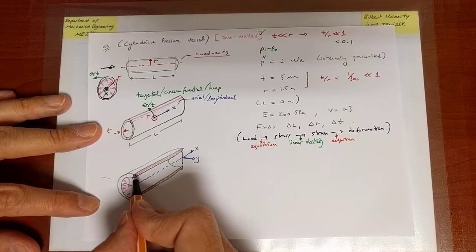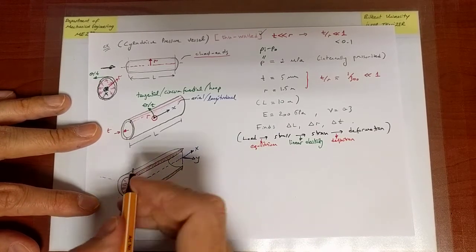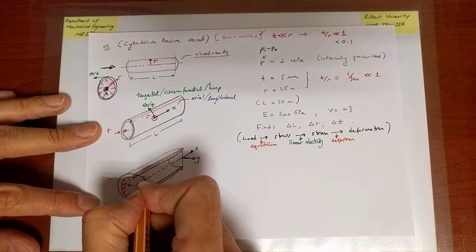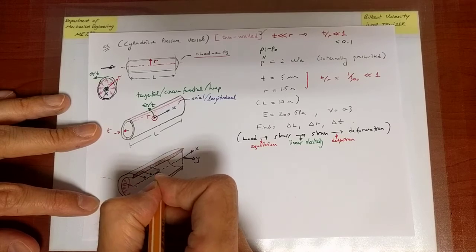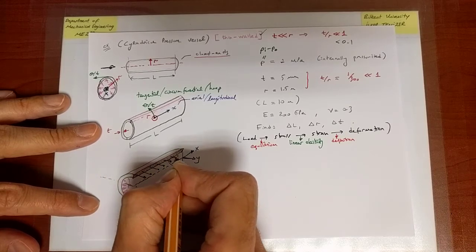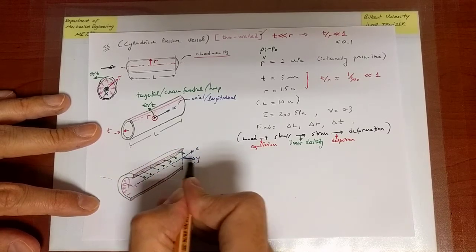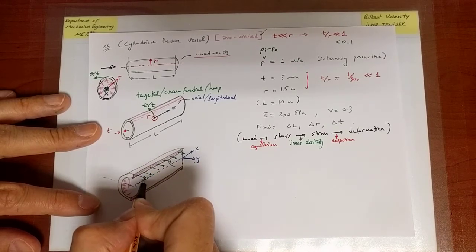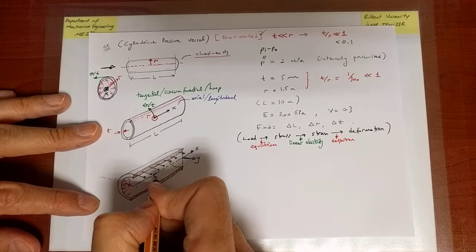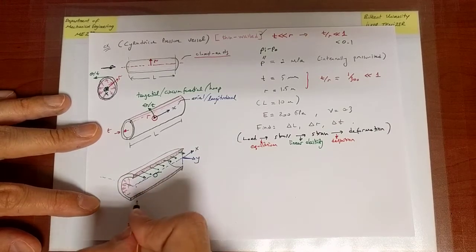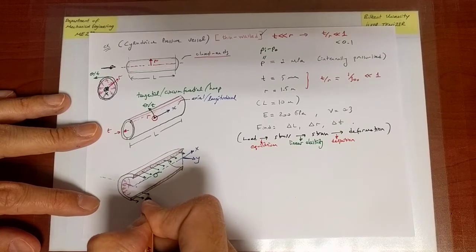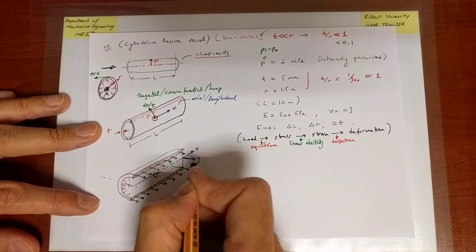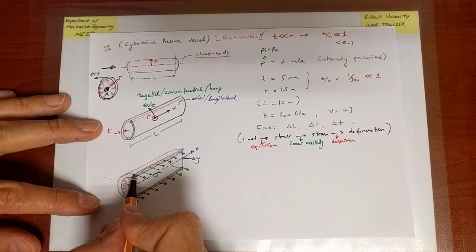Those are internally generated forces or stresses as a reaction to that pressure, and they have to have opposing direction, along the y direction, on the plane with normal y. So these are normal stresses generated on that surface.